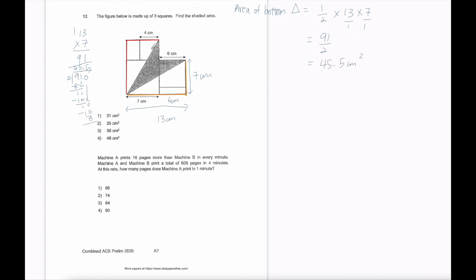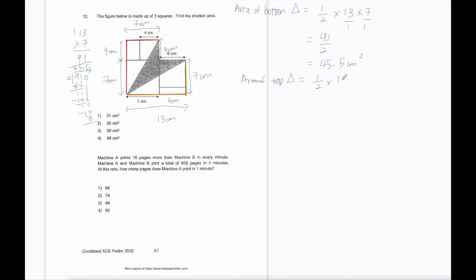Okay. So the area of the top triangle is, this is my height and this is my base. So what's my base? My base is actually also 7. And my height is 7 plus 4. Because this is 7 cm. And this is 4 cm. Okay, because this is 4. So this is also 4. So if I add it up together, it's going to be 11.